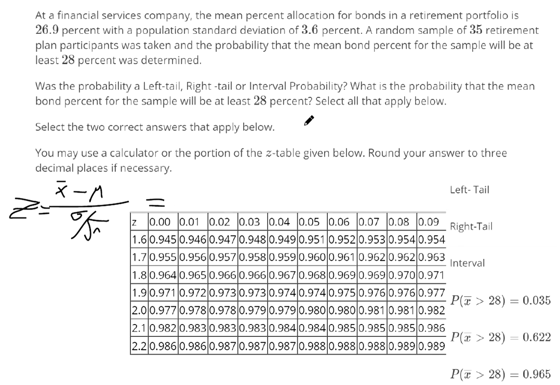So they want to test the probability that the mean is at least 28%. So 28 is our test mean. The population mean, they say up here, the portfolio is 26.9. We divide that by the standard deviation, which is 3.6. And that is divided by the square root of 35 because that's the sample size.